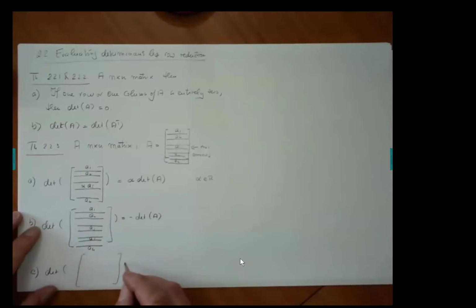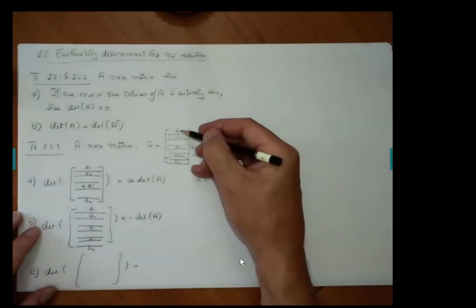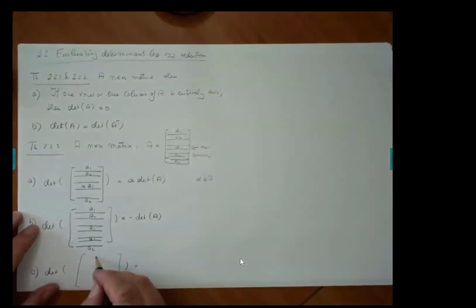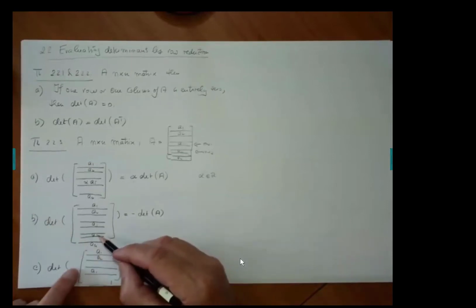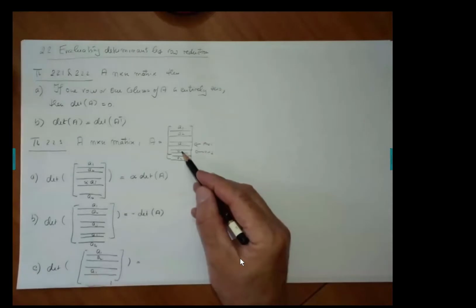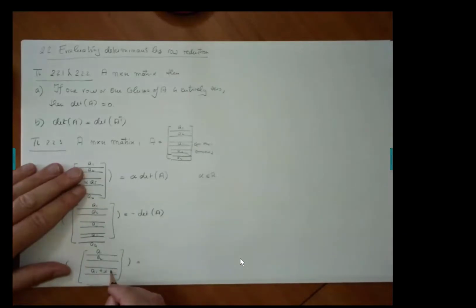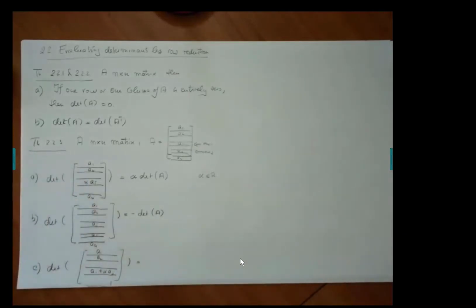So what I do now is I write down the matrix again, A1, A2, somewhere down the road comes AI, and all the rest. And now what I do is I take row J, multiply by an alpha, and add it to row I. So you take one row and add a multiple of it to another row.